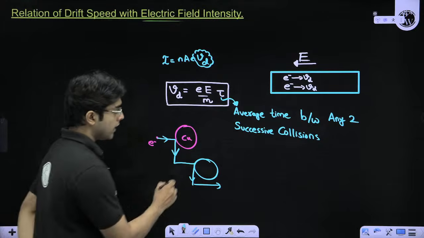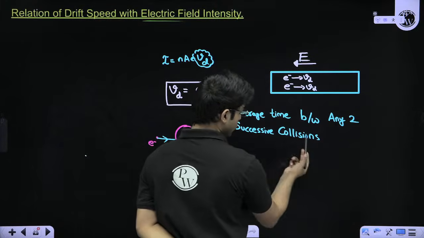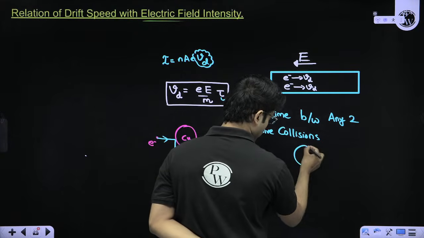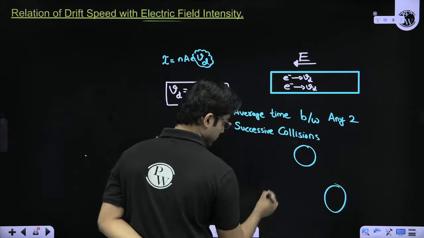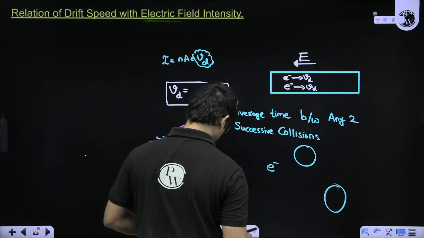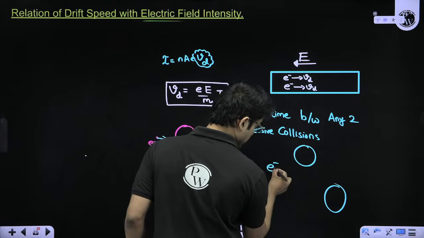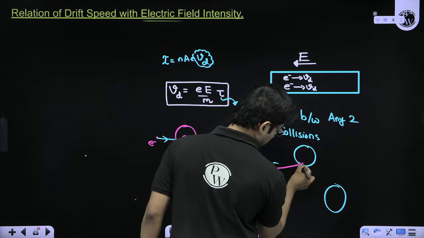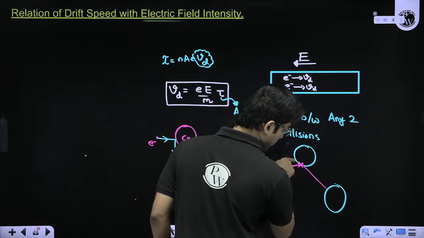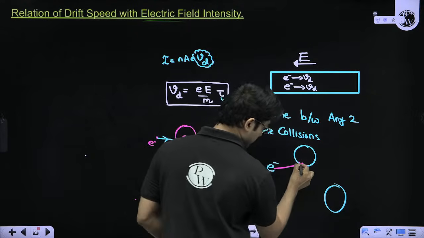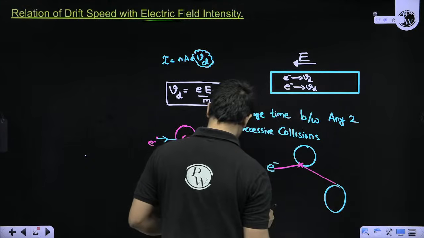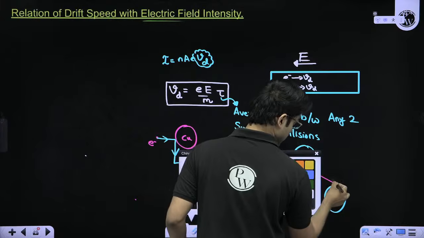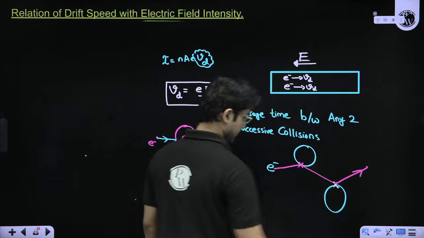So the average time between any two successive collisions means, let's say there are two big ions in the path of this electron. The electron is moving this way, and here collision number 1 happened, and then it went and hit the other atom like this, and here collision number 2 happened, and then the electron was moving like this.